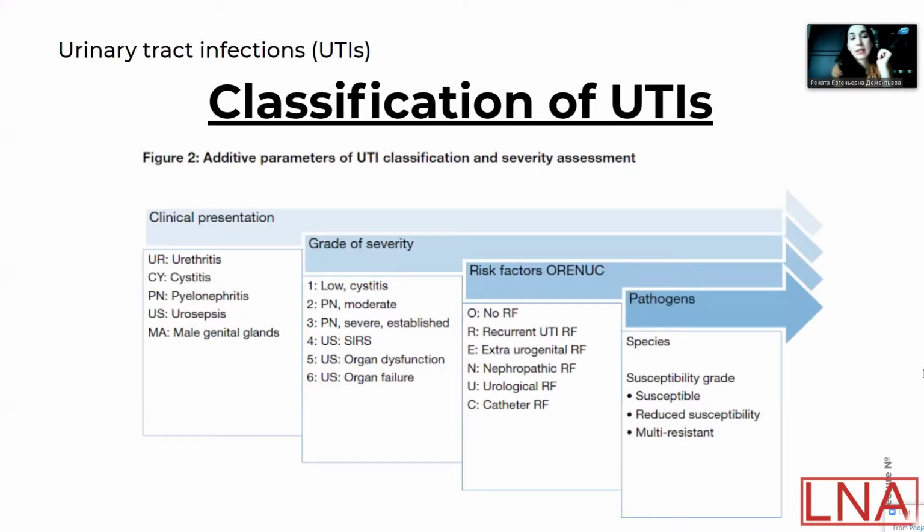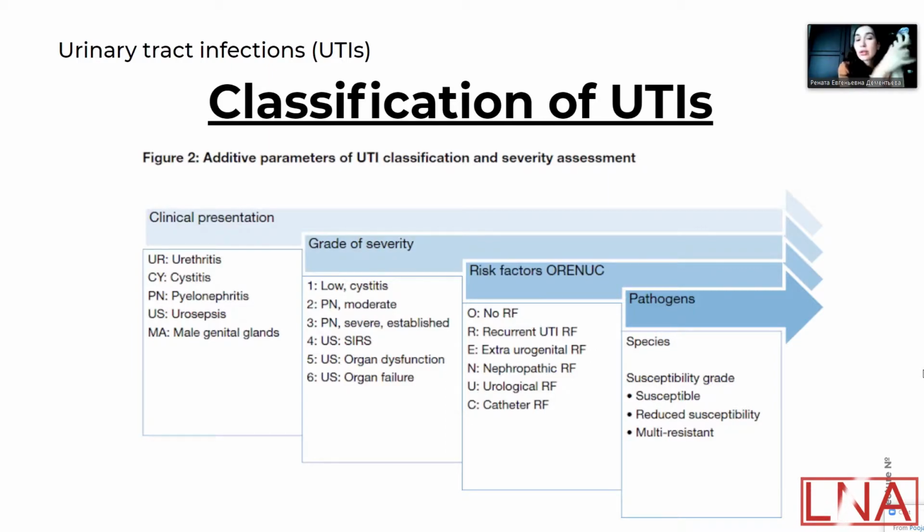Grade of severity: low, cystitis; moderate, for example, pyelonephritis; severe, and established severity: urogenital sepsis, urogenital sepsis with organ dysfunction, and urogenital sepsis with multi-organ failure.